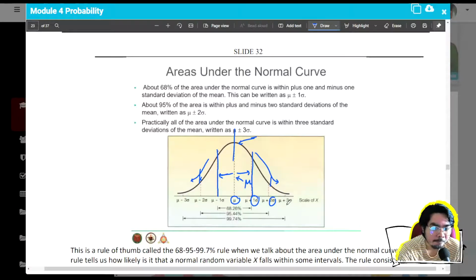Okay. And if you move three standard deviations to the left and to the right, then you account for 99.74%, which is almost close to 100%. No? So meaning anything further away, itong nasa tails na talaga, more than 3 sigmas away from your mu, outliers na sila, kumbaga.